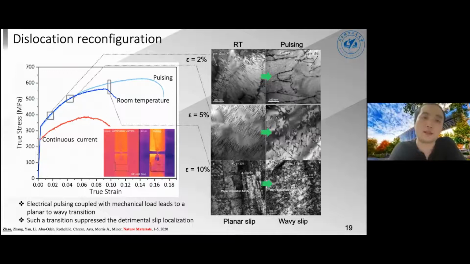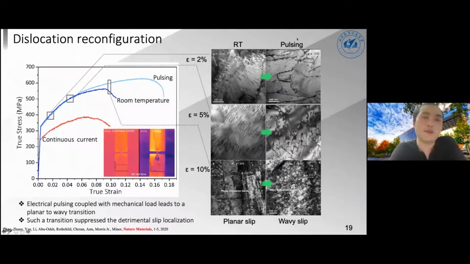stages of plastic deformation. And here on the right-hand side, there are 2 columns of TEM images. On the left-hand side is the reference, the room temperature deformation without any electrical pulsing. On the right-hand side is the tensile test while you apply electrical pulse.